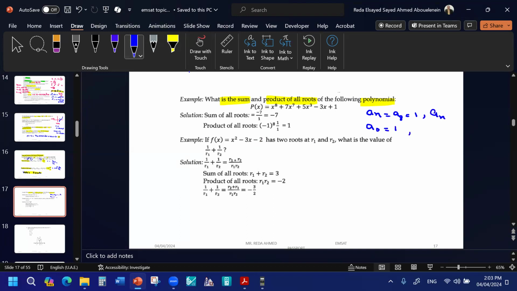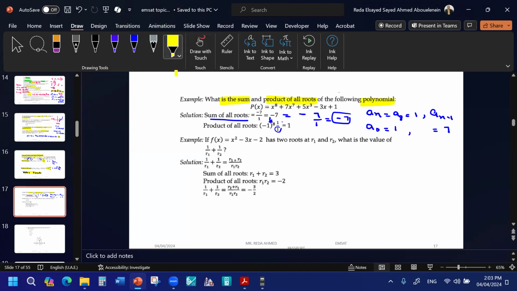And a n minus 1 is 7. So here, the sum of the roots will be negative 7 over 1, it will be negative 7. The product of the roots will be negative 1 to the power 8, a node over a n.